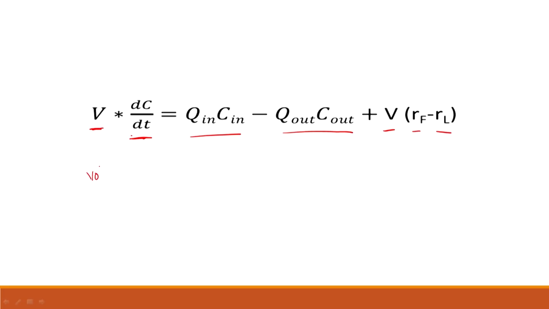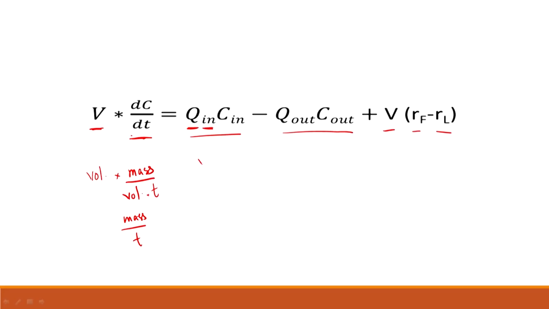So, what is it now? Volume into concentration is mass per volume into volume, divided by time, right. It is nothing but mass per time. And Q in is the flow rate, the rate of flow of your water coming into the reactor.